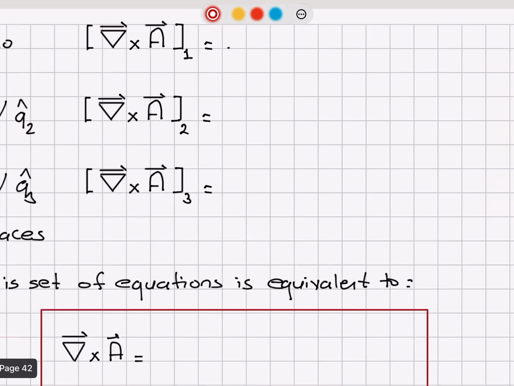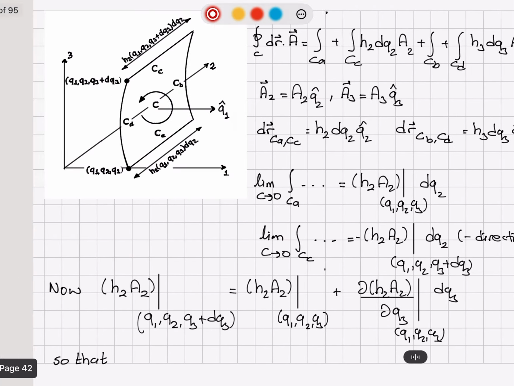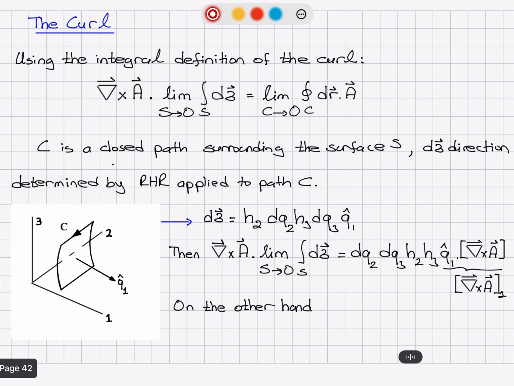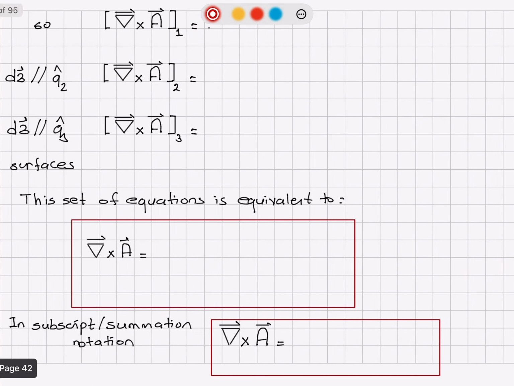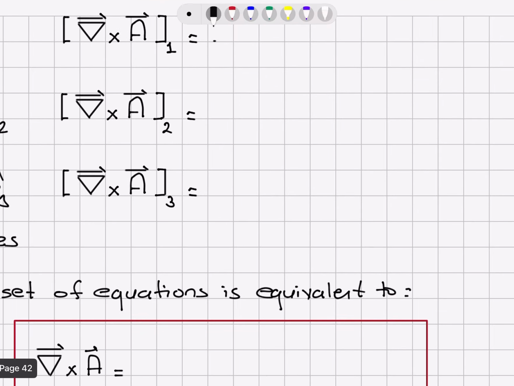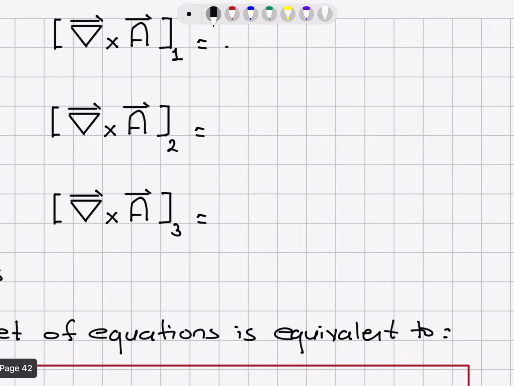Curl A's first component is, now this is going to be H2, H3, dQ2, dQ3. So I have to divide this result by H2, H3, dQ2, dQ3. So I'm going to get 1 over H2, H3.